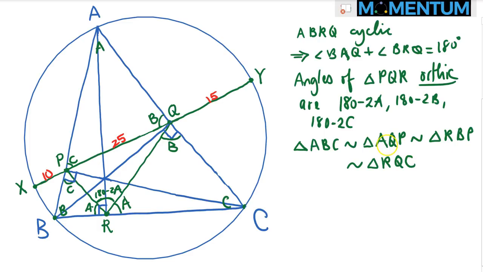For instance, you can start with the fact that triangle AQP is similar to triangle RBP. I think it's correct.